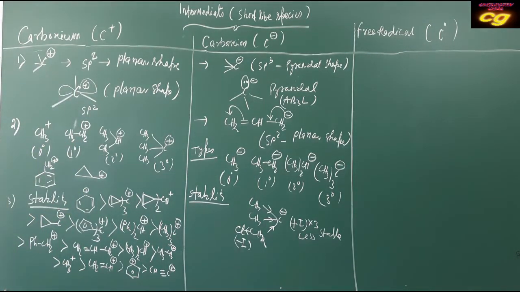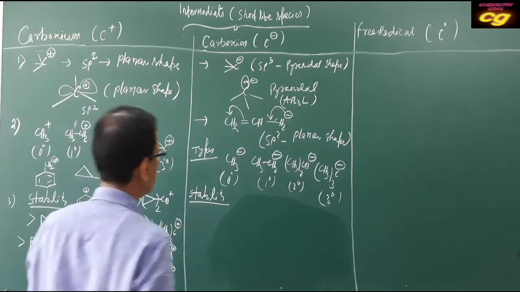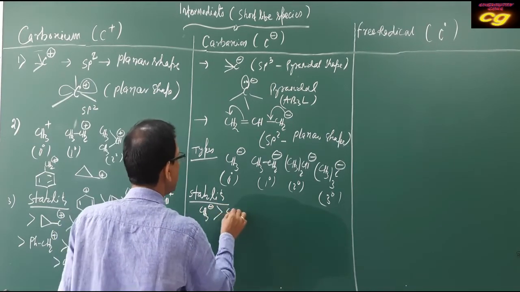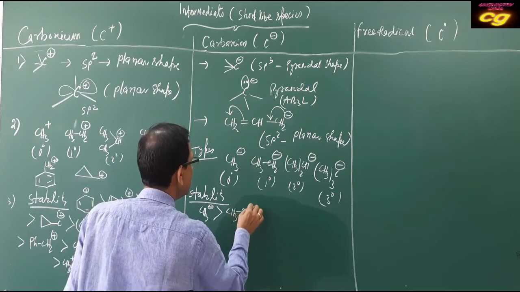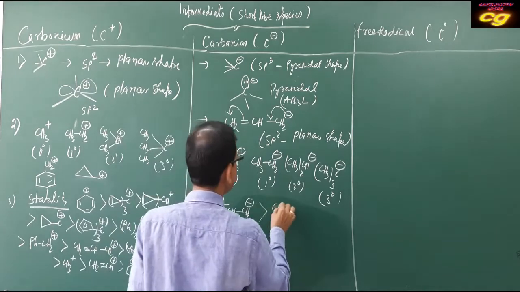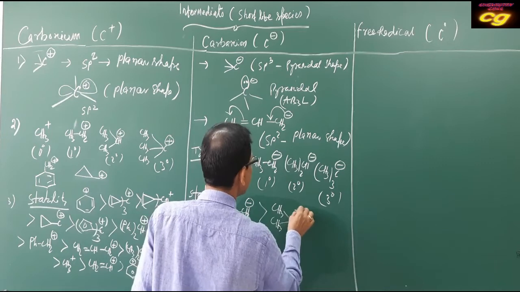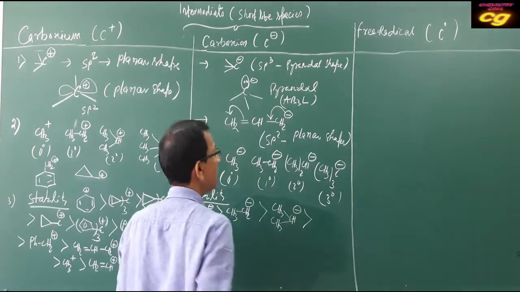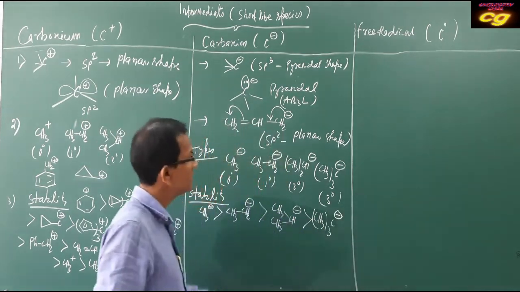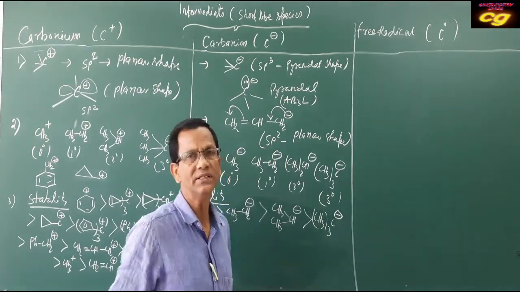Okay. Then next part is, we can write the stability order: CH3 minus is more stable than CH3CH2 minus, which is more stable than (CH3)2CH minus, which is more stable than (CH3)3C minus, as they are supplying more electron towards the carbon due to plus I effect, so stability is less.